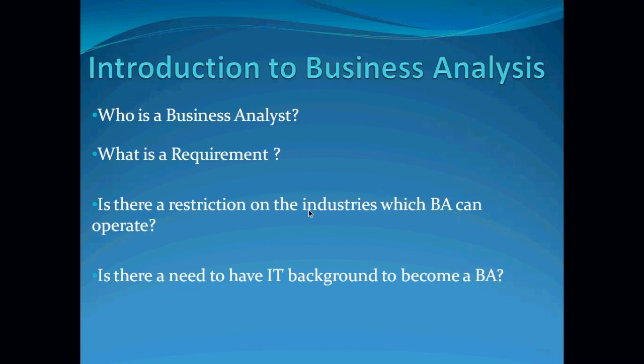If a BA documents poor requirements, the project will deliver poor results. Whatever you document is what the implementation guys or the technical people will bring out for you. So that's why a BA is a very vital role in a project.